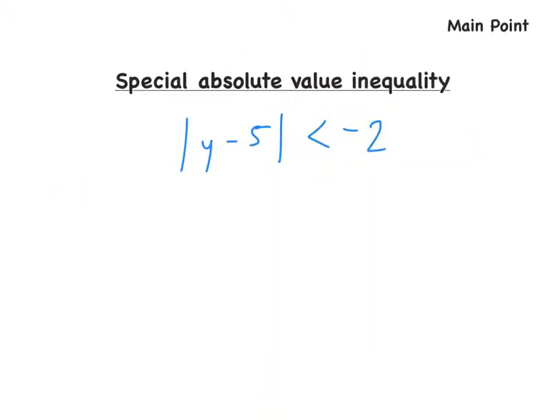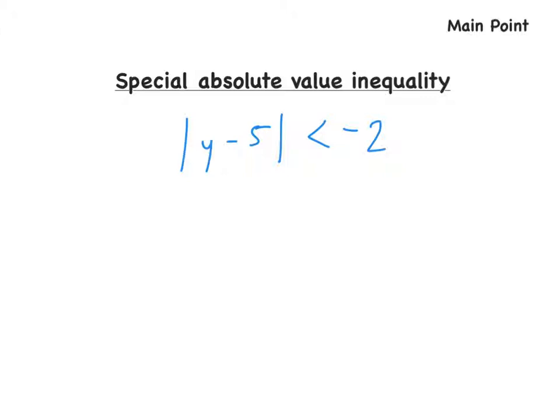So I have a special absolute value inequality for you. This is also one of your main points. I have the absolute value of y minus 5 is less than -2. The negative part in the solution is important. Now think back to when we had equations with absolute value that was equal to a negative number.